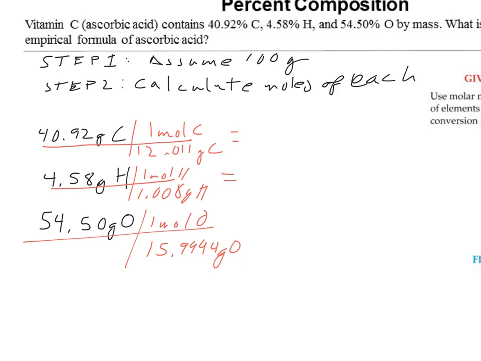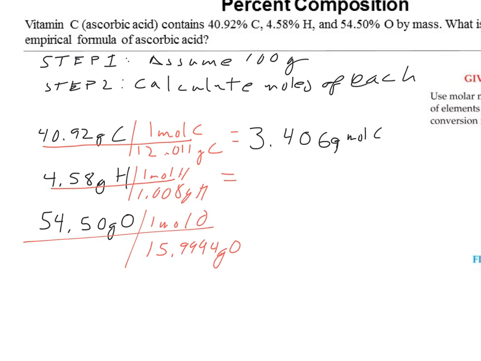40.92 divided by 12.011 equals 3.409 moles of carbon. Now our hydrogen, 4.58 grams divided by 1.008. Whoops, punched into my calculator. 4.58 divided by 1.008.